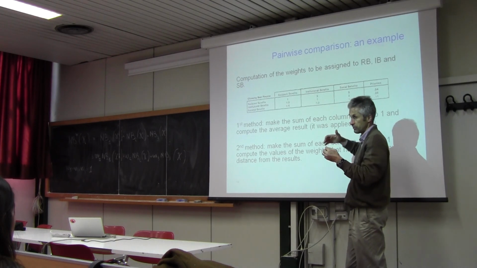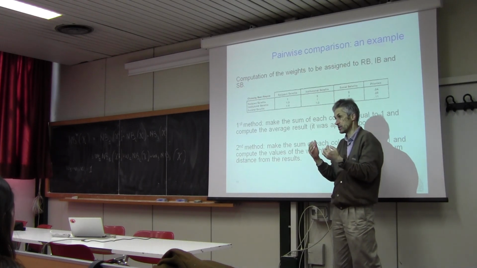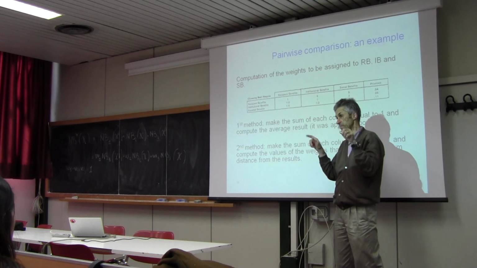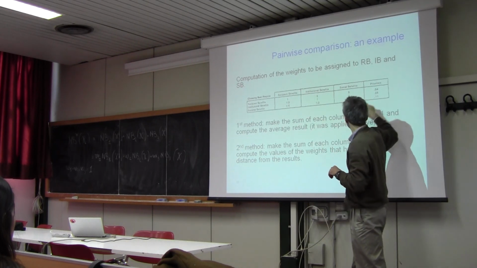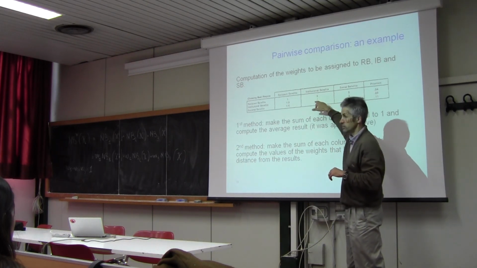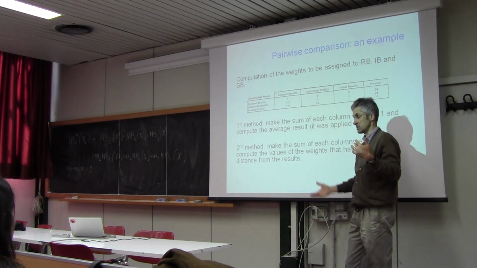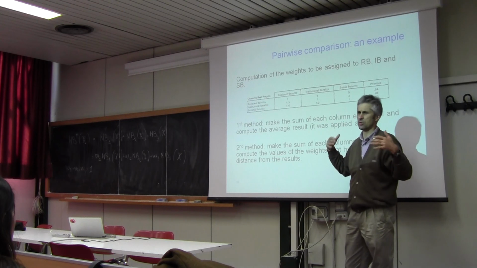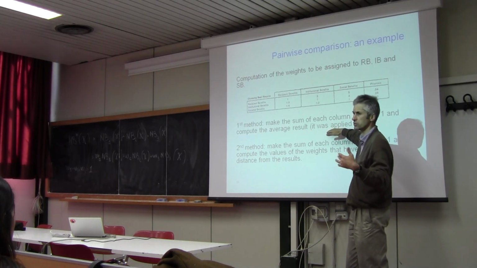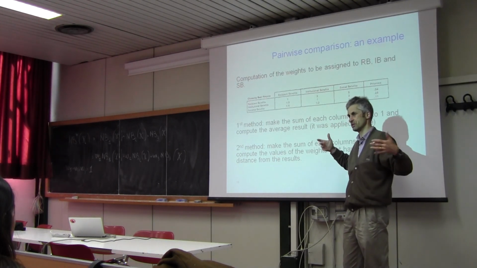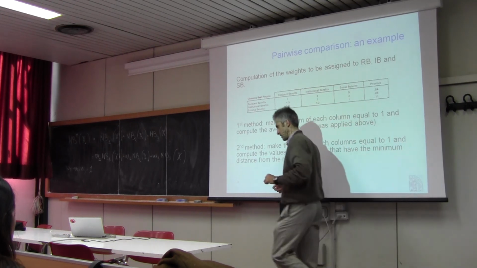But you could also define a distance in some way, for instance, the squared difference between the result and each individual element, and then minimize the distance. This is not very important for us to know. Let's assume that we stick to this method, which is simpler to remember. Just compute the mean. Okay?